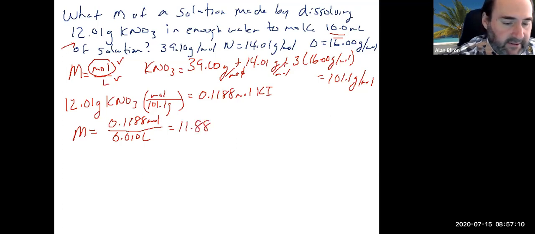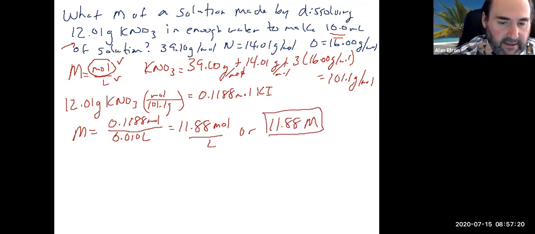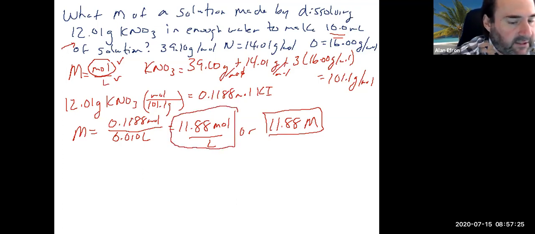And the answer here in terms of units is you can leave it as moles per liter, or you could say 11.88 and write the big M. So you could do it, obviously, either way is perfectly fine. Any question on that calculation?